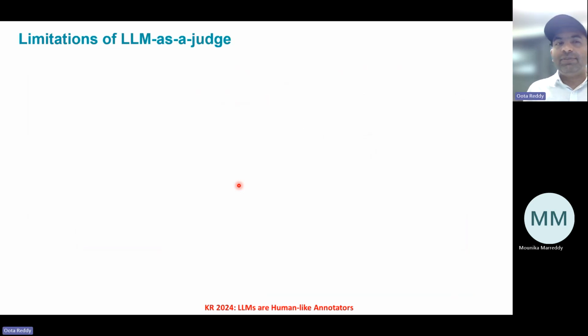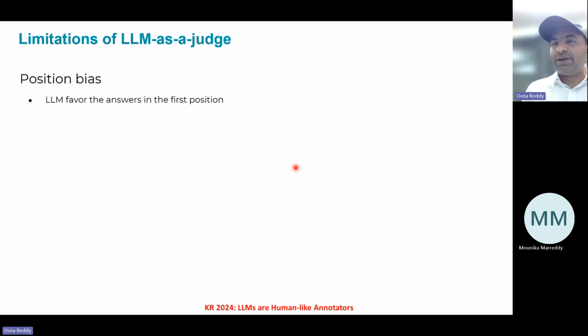But what are some limitations if we consider an LLM as a judge? One is positional bias. LLMs always favor the answer in the first position. It is also due to long context issues.